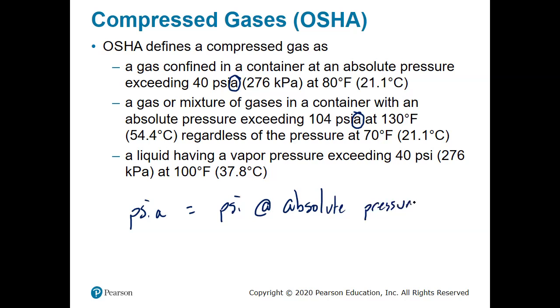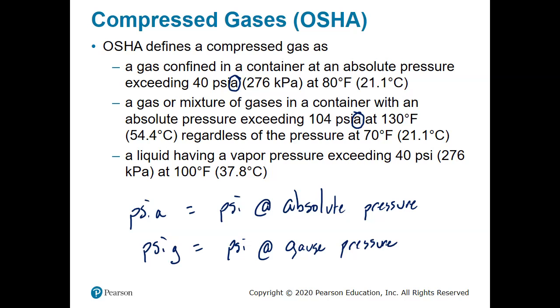If there is an A on it, that is talking about absolute pressure. If there is a G on it, then it's talking about the gauge pressure instead. And so, again, a really good reason to know the difference between the two terms.